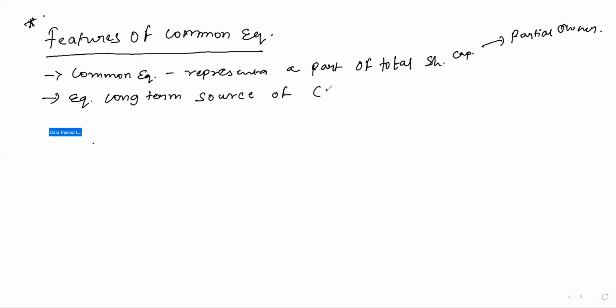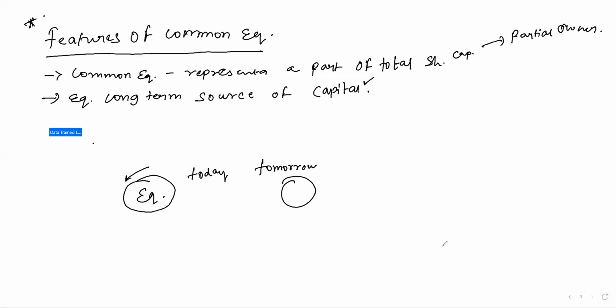Can anyone think of the problem in this? This question popped up in my mind when I read this for the first time: how come equity is a long-term source of capital for any business? If I am investing in equity today and selling it tomorrow, I have not been a part of the business for a longer period of time.